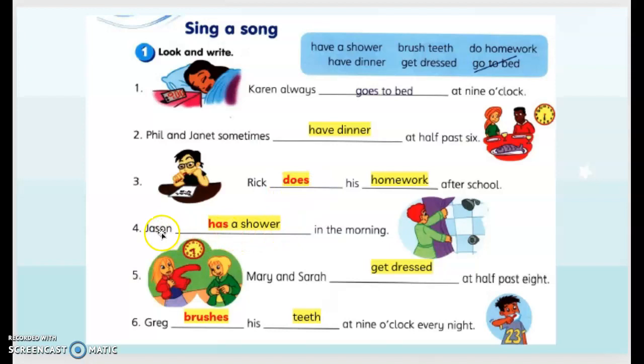Same goes to number 4. I have changed have a shower into has a shower because Jason is singular, one person. So we use has. And this one remains the same. Mary and Sarah get dressed. And then the last one, Greg. Since it's only one person, we use a singular verb. Greg brushes his teeth at 9 o'clock every night.